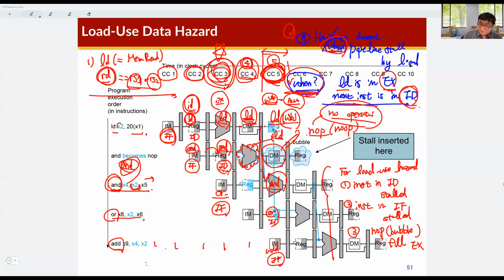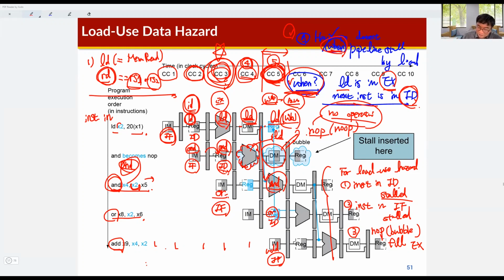The very next instruction. So I already explained, the instruction in ID is stalled, and because this instruction in ID is stalled, the following instruction cannot propagate to the next stage, because the former instruction stalls in the ID stage.